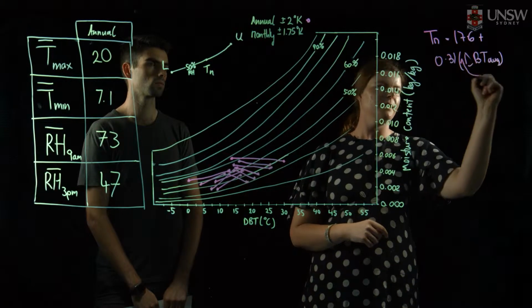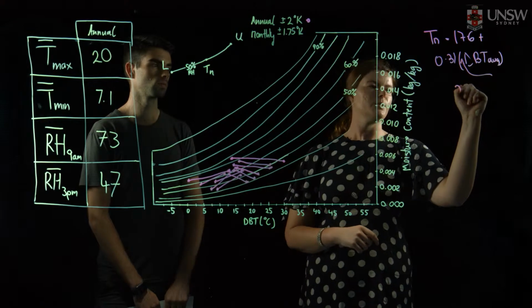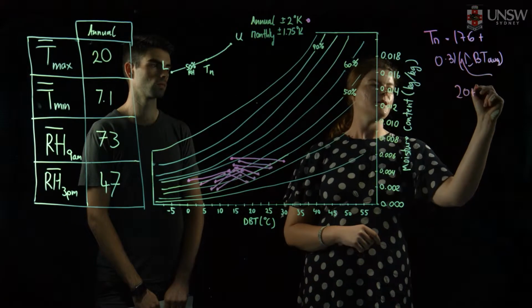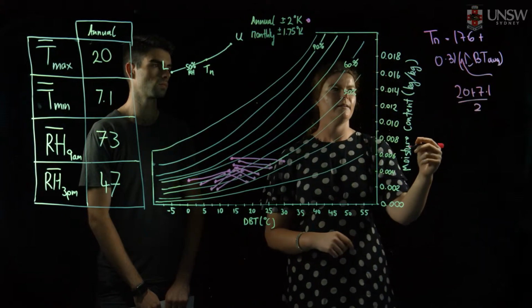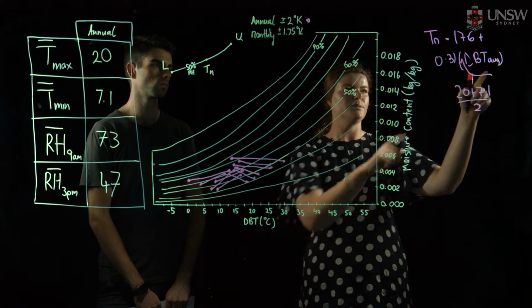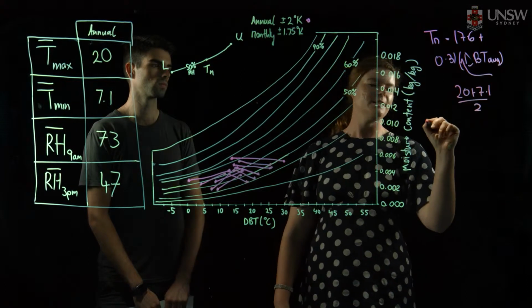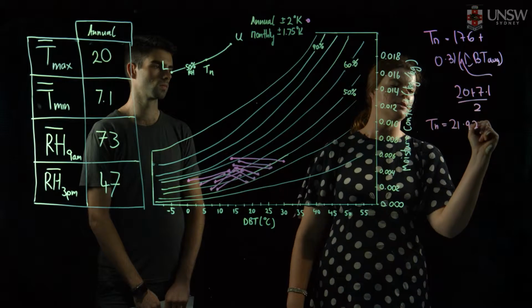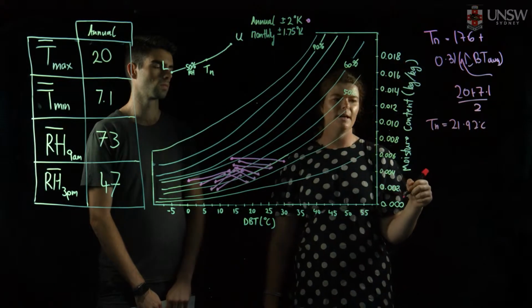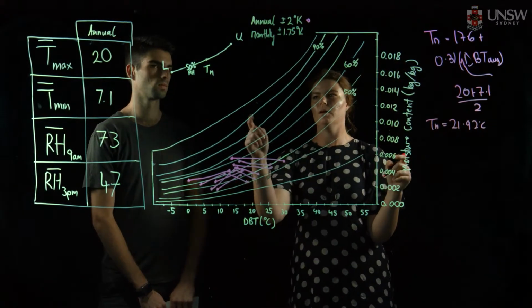So to get this, we do 20 plus 7.1 over 2. And you can just put that into a calculator straight away, subbing that in, and you can get Tn is equal to 21.92 degrees Celsius. And using that, you can find your upper and lower limits.